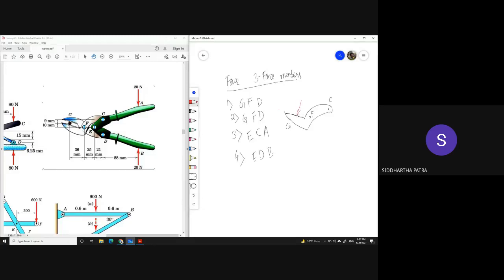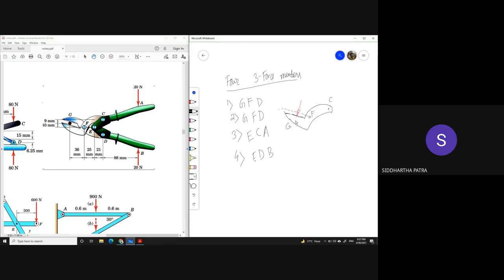Okay. But if you look carefully, that plane is actually parallel to the line joining the center of the wire. So that line and that line have kind of this slope.